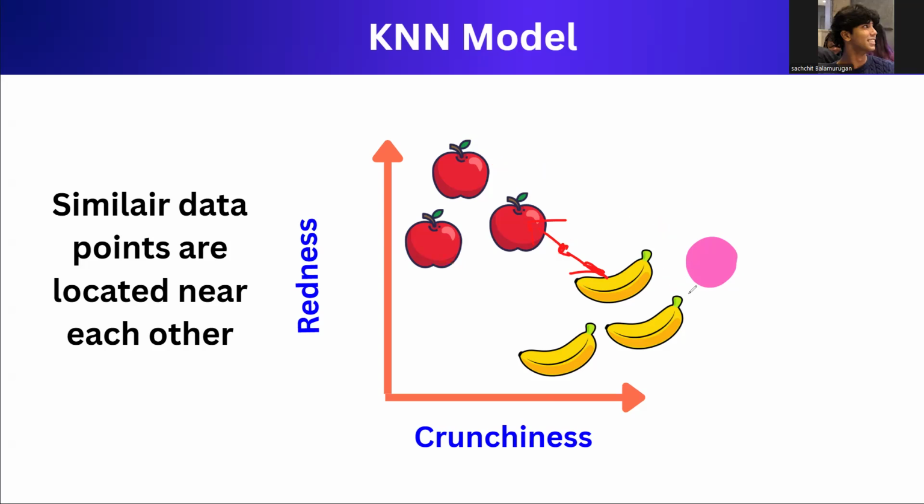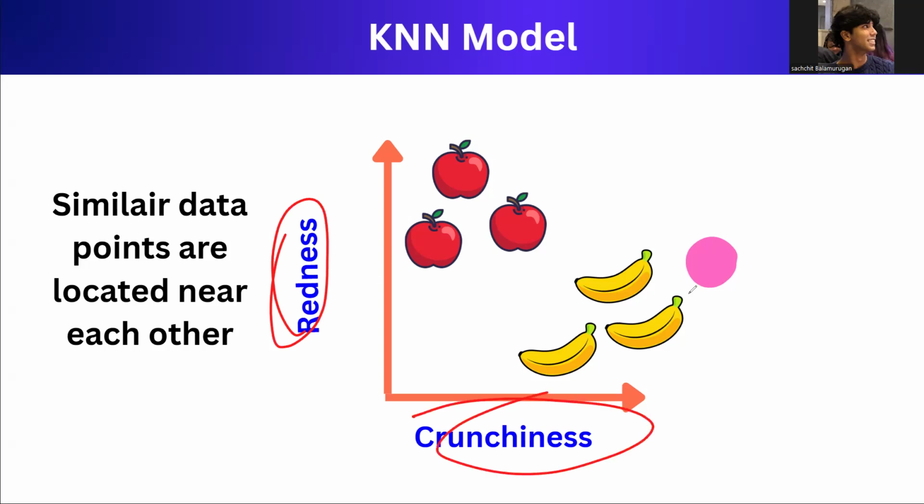So, in simple terms, the KNN model believes that relative data points are close to each other, and that's how it makes its prediction, right? So, for example, we're predicting whether a fruit that we don't know is an apple or banana. That's the goal of this, right? So we're given data on the redness and the crunchiness of that fruit. And let's say that point leads us to this.